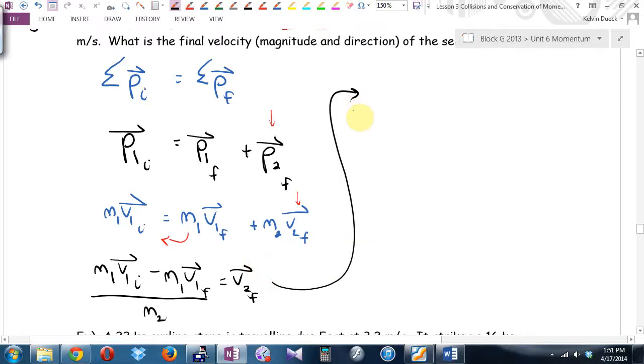Now, in this question, because m1 and m2 are all identical, some of you who spotted that may have noticed I could have canceled out the masses. I'm not going to, because usually they won't cancel, because usually it's a car hitting a truck, or a hockey player hitting a smaller hockey player or whatever, but you could have in just this once, yeah. V2 final is going to be mass 1.